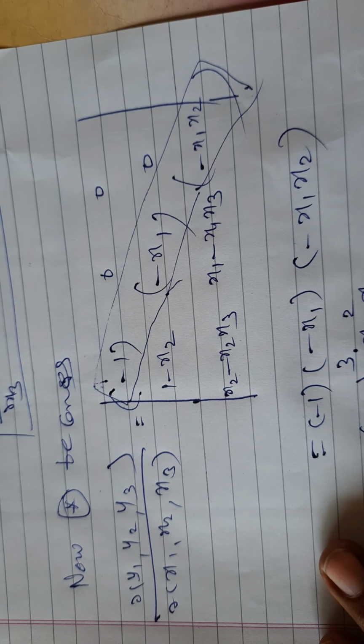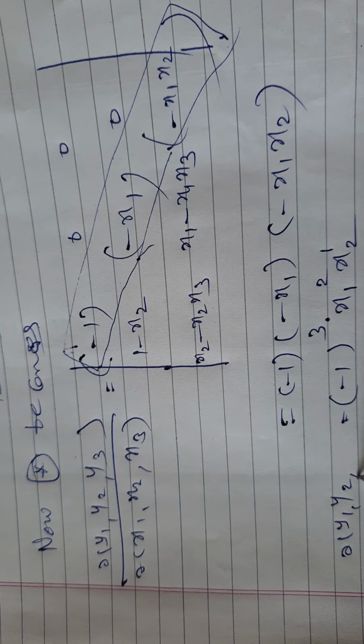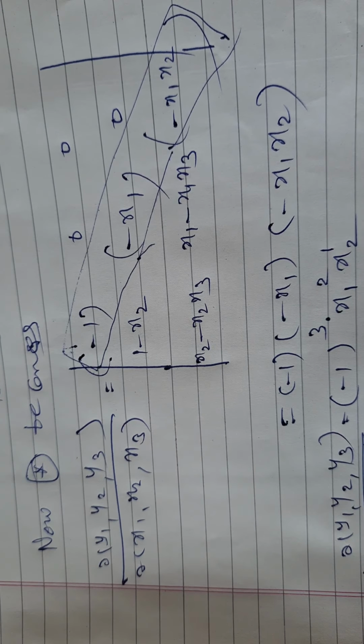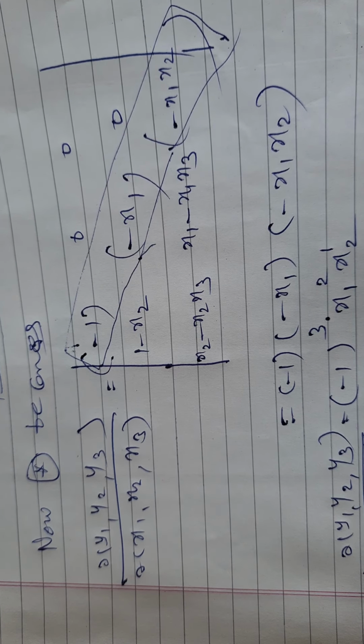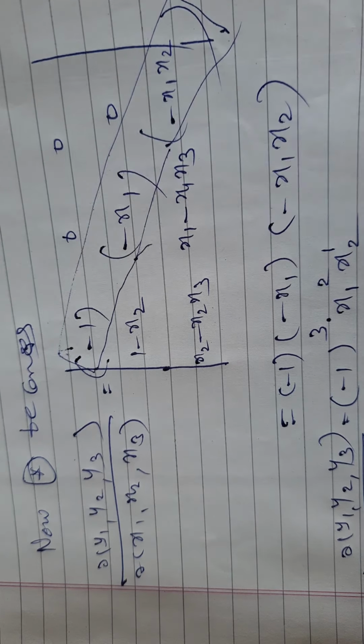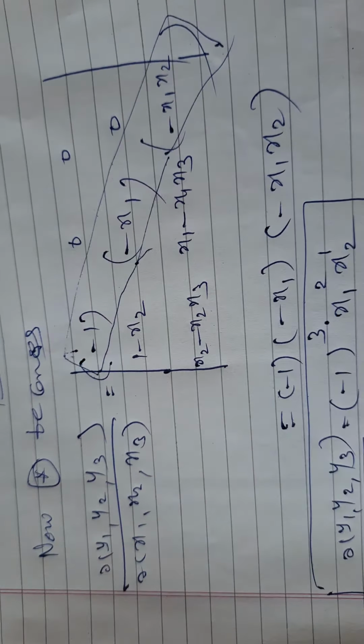Thus we get the Jacobian of y1, y2 and y3 with respect to x1, x2 and x3, which is the required result.